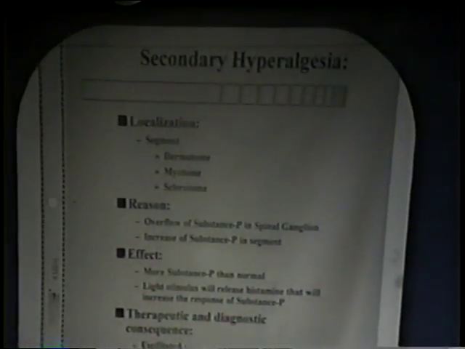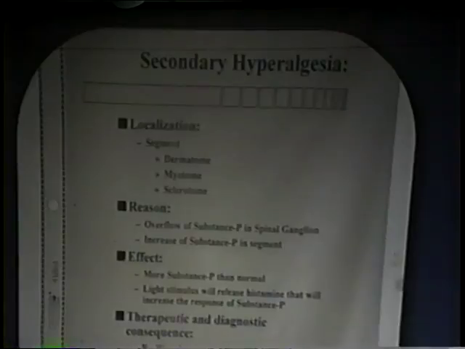Then we have the secondary hyperalgesia. And the secondary hyperalgesia is something different. The localization will be in the dermatome, in the myotome, and in the sclerotome. So in everything that has to do with the nerve.